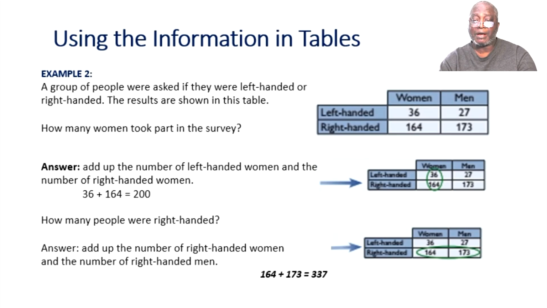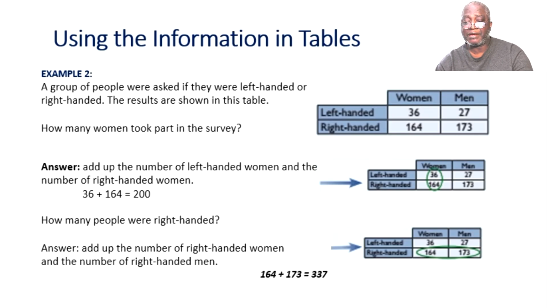What is it about? You have left-handed people, right-handed people, and then you have groups of women on the left and on the right. What do they say? Some of those women are left-handed, some of those women are right-handed.